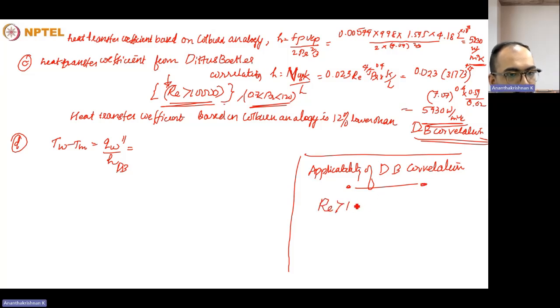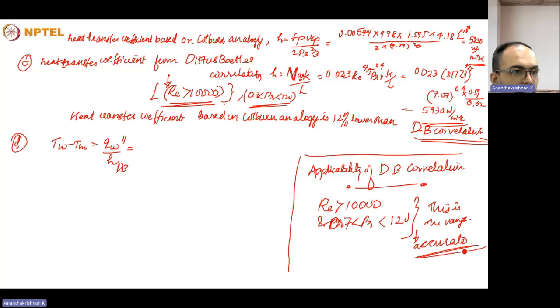For Reynolds number greater than 10,000 and Prandtl number in the range 0.7 less than Prandtl number less than 120, this is the range of applicability. Here it will be accurate. So the accurate value of the heat transfer coefficient is something we can obtain using this correlation. It's a general correlation that will work with higher accuracy for this range of Reynolds number.